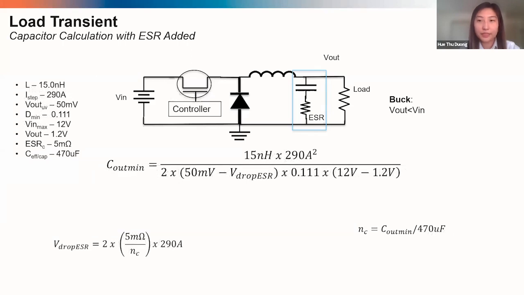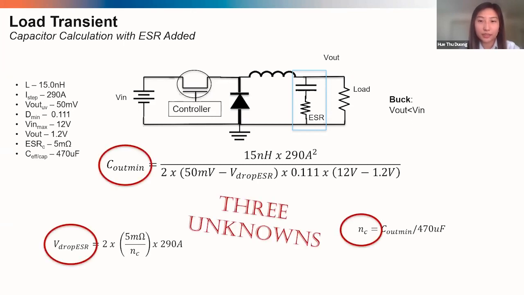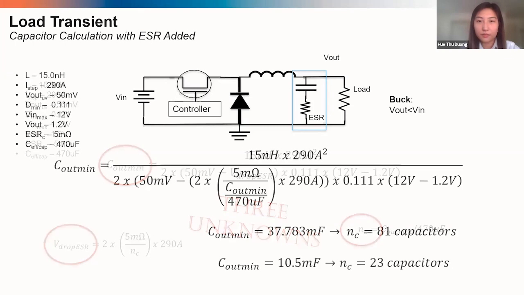So now with these given values, we've plugged them into these 3 equations. With this, we can ultimately solve for the total output capacitance by plugging these 2 bottom equations into the total output capacitance equation, and that would look something like this here.